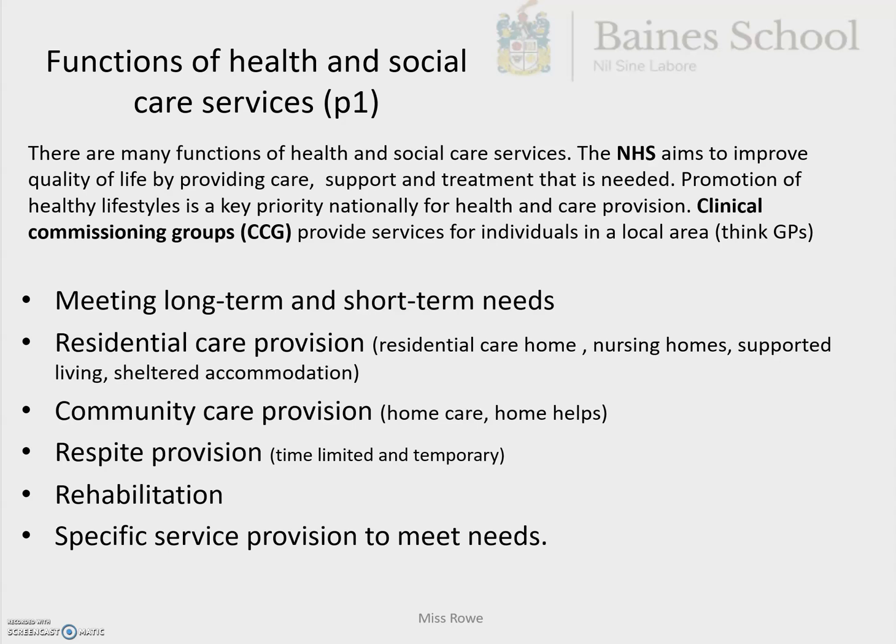Sheltered accommodation is also sometimes known as extra care accommodation. This is where individuals live in their own self-contained flat, which they might own or rent. They also have a communal area, a lounge, and might have a restaurant on site and gardens. There is a warden who walks round, and there's always someone on duty who can be contacted by residents if they need support. So that's sheltered accommodation, sometimes known as extra care.